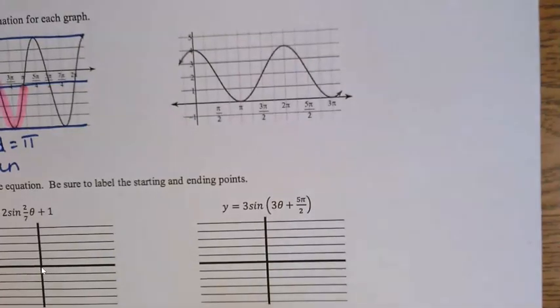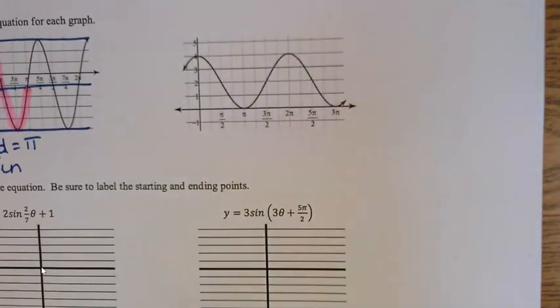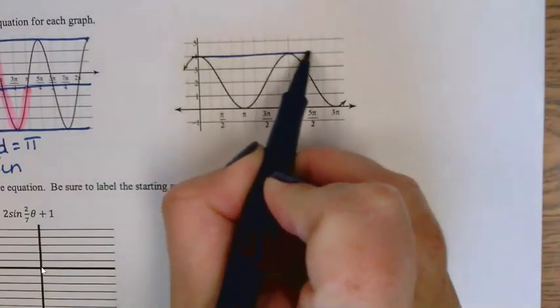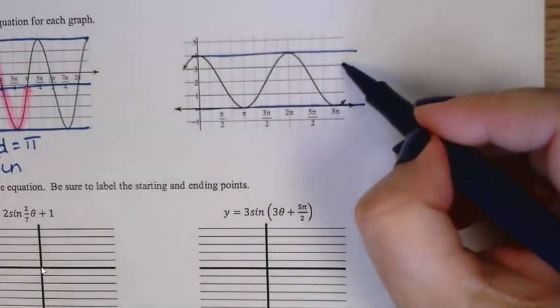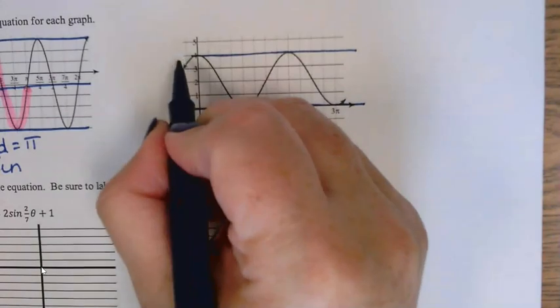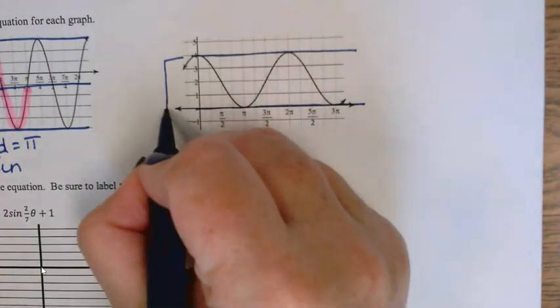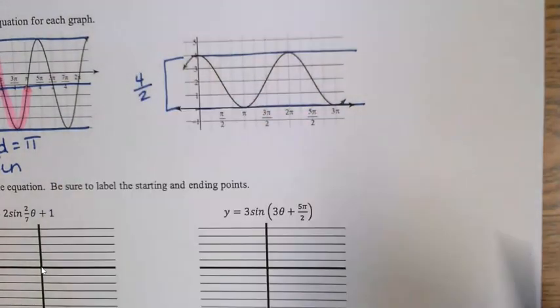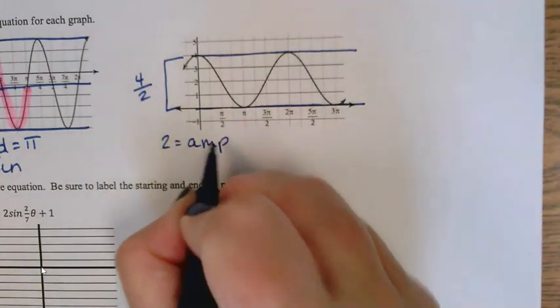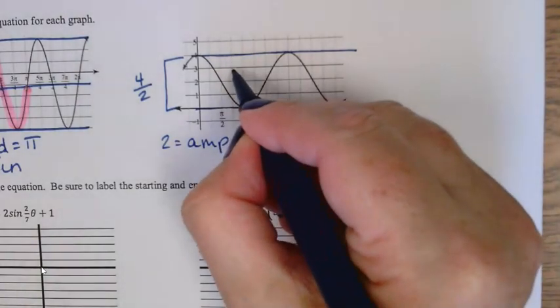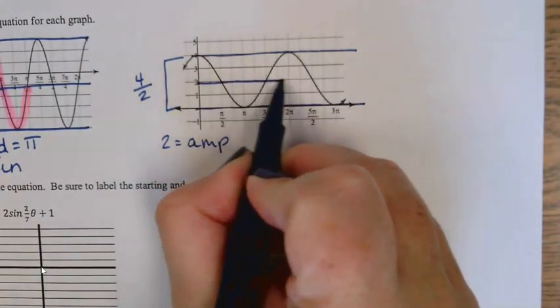Number 3, we're going to repeat the same thing. 1, 2, 3, 4. So from the top to the bottom is 4. Divide by 2. So 2, whoops, wrote it backwards. But 2 is my amp. So count down to 1, 2.